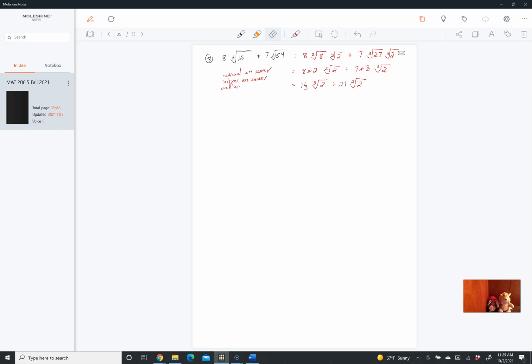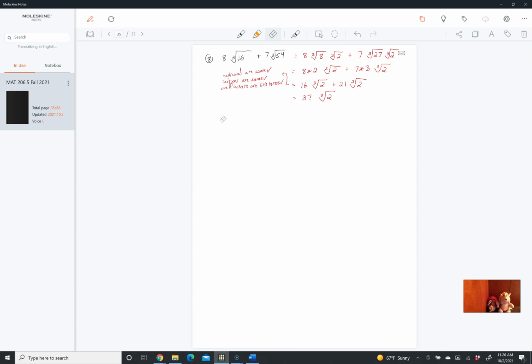Now they are. Okay, and this applies to this last step here. So now all we have to do is add the coefficients. And that's our final answer, 37 cube root of 2. Okay, so you're always checking for those 3 things.